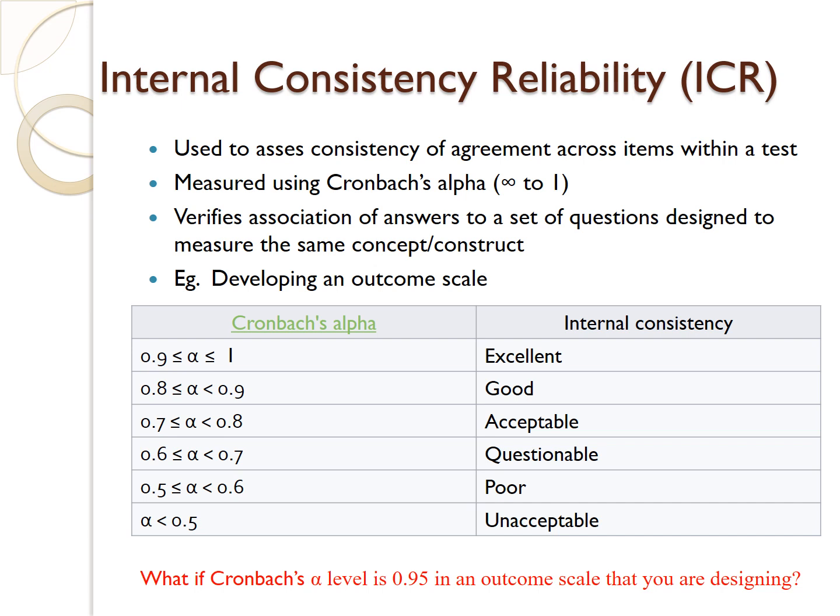So here's the catch, and it is good to have a good Cronbach alpha of 0.95 in any research study. But when you're trying to design an outcome scale, very high reliabilities are not necessarily desirable.